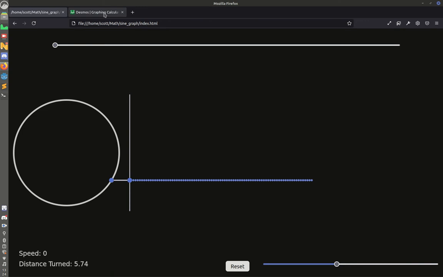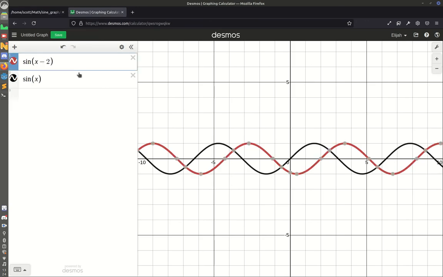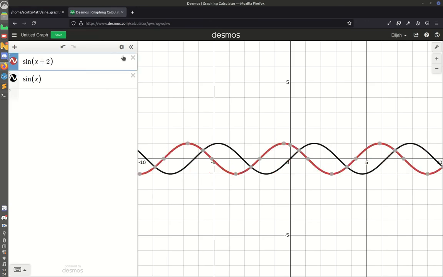So if we go back to our graph here, I'm going to change that back to +2. Think about what x is. We've been talking about this whole time. Sine just takes in the distance we've turned around the circle. So the x here is the time that has taken place multiplied by our velocity. But when time is 0, velocity times time is just 0.